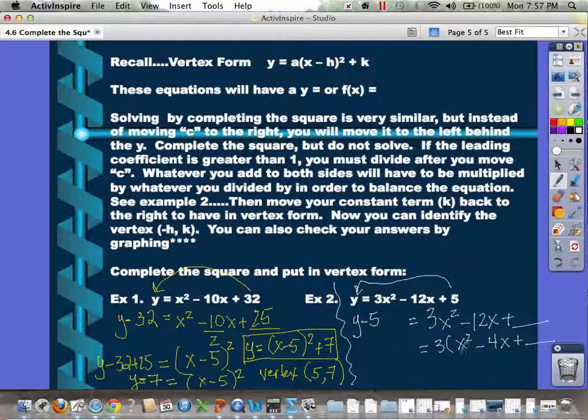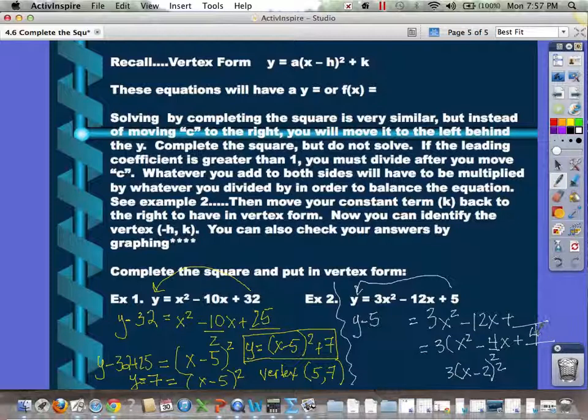Now we are going to complete the square with what's inside. The linear term is 4, so I'm going to divide it by 2. That's going to make 2. So this GCF comes down, x minus 2 squared, and then square that back in, so that's going to be 4.